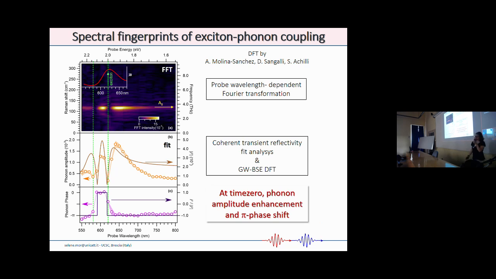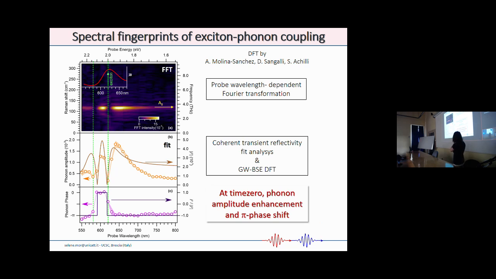In this way, we could establish this amplitude enhancement and pi phase shift of the oscillation phase as the spectral fingerprints of exciton-phonon coupling, because theory could tell us what the origin of these experimental signatures is. In a sense, this was also closing the gap between experiment and theory, because there were already quite some efforts in the past trying to reproduce all the spectral fingerprints that theory predicted, but they were not fully resolved in previous works.